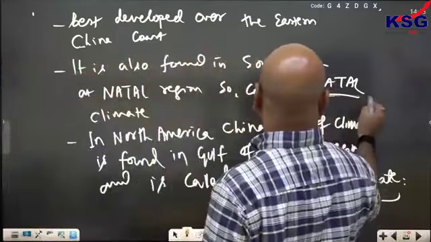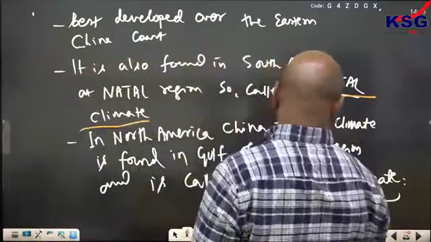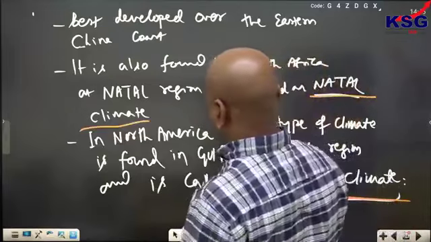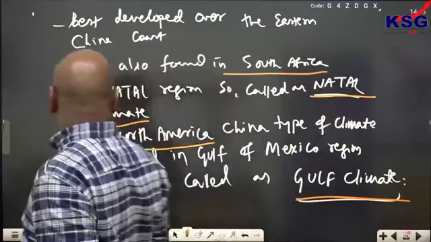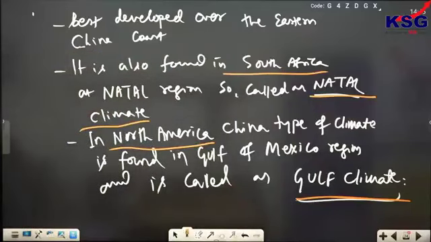So Natal climate is one name, Gulf climate is another name. Gulf climate is North America, Natal climate is South Africa. Okay, so they are different names.